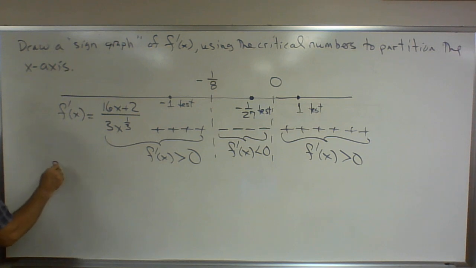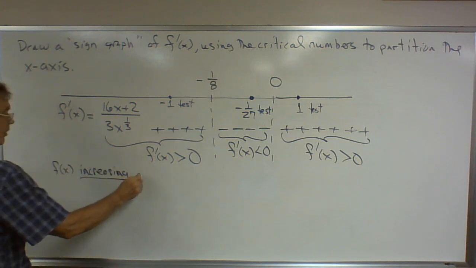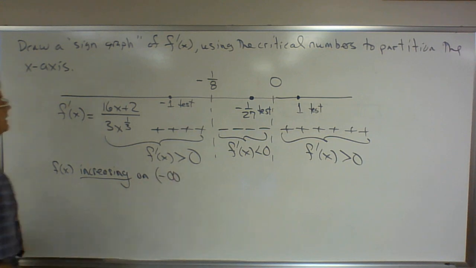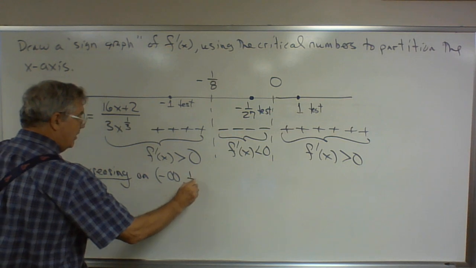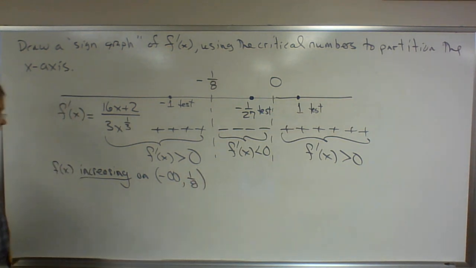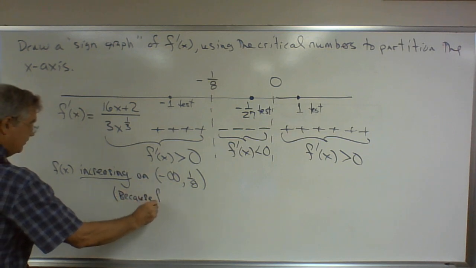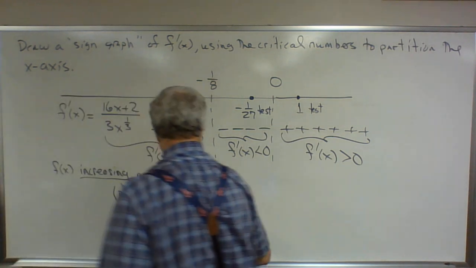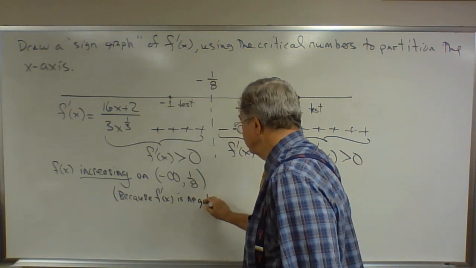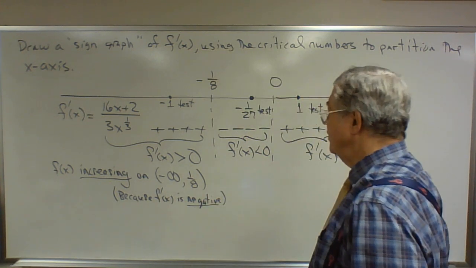So let's see. F of x is increasing on the intervals -infinity to -1/8 and why? Because f prime of x is negative. Whoops.